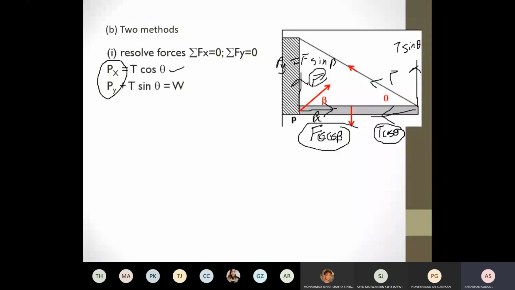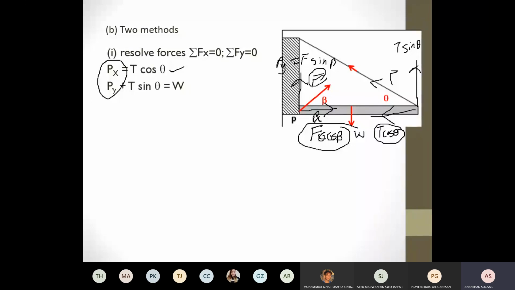Okay, Py is what? Py plus T sin theta up should be equal to the force down, which is W. Py is the vertical component of this force F, plus T sin theta, the two forces acting up, should be equal to the W down.